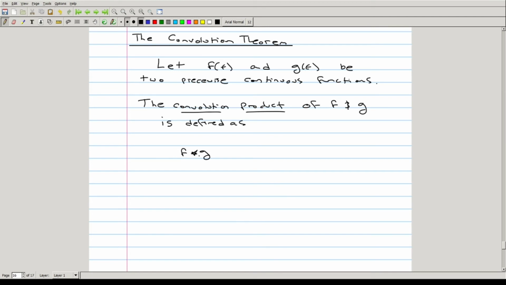We typically denote convolution with a star. It's a new function of t, and specifically it's the integral from 0 to t of f of t minus w times g of w dw.